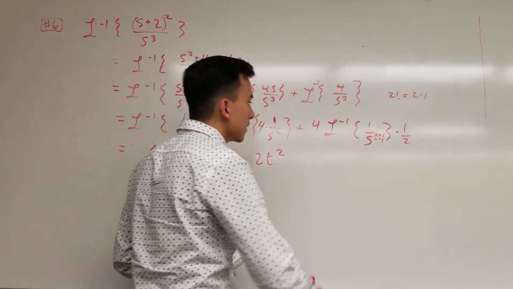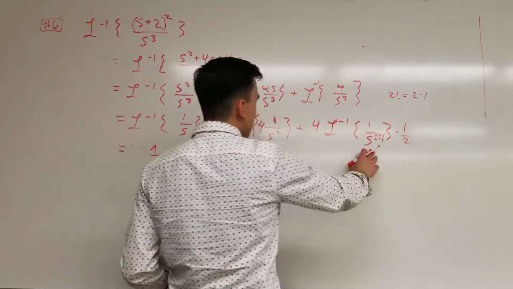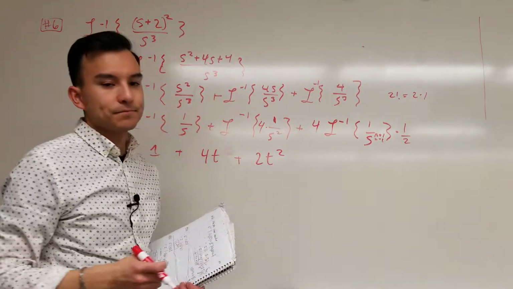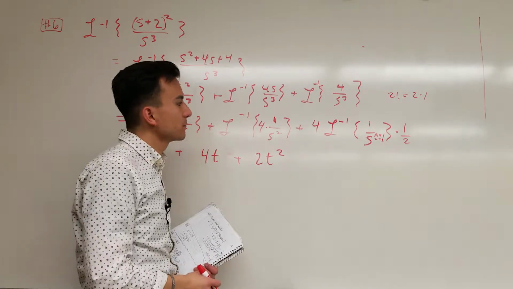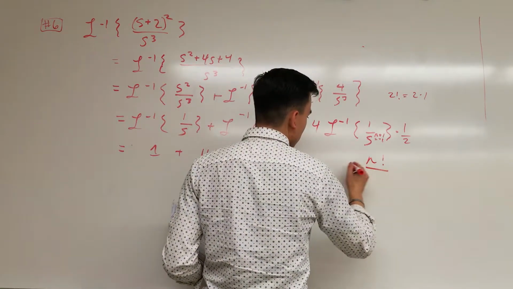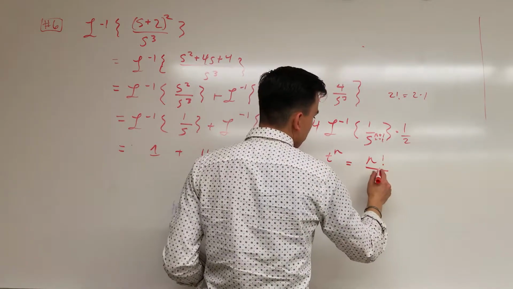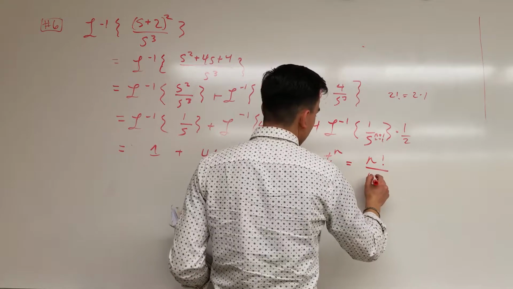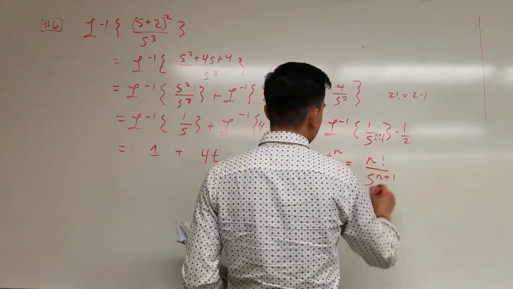All right. So what we were doing here just came from our basic inverse functions. So just as a reminder, it's supposed to be s to the n plus 1. Okay.